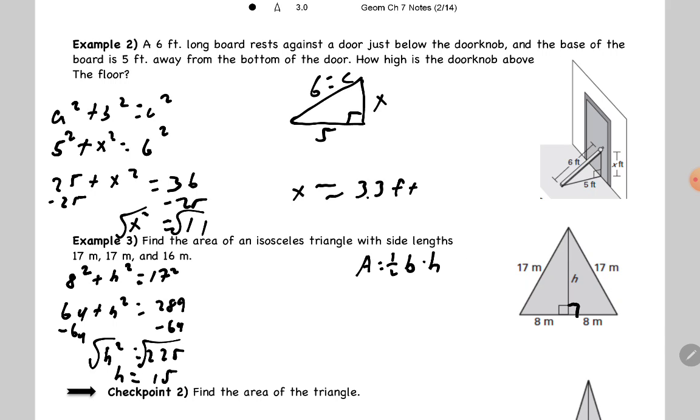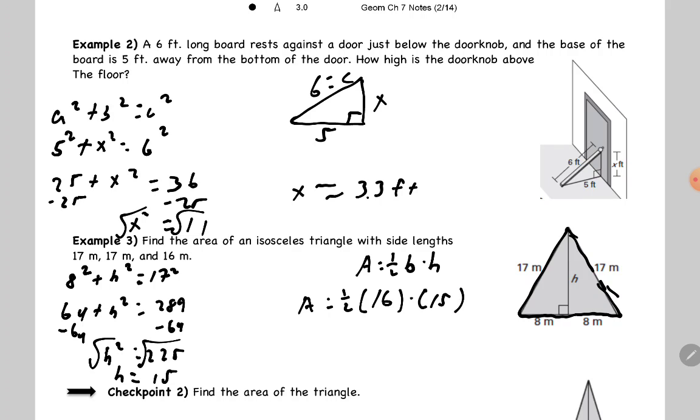So now that we know h is 15, we can do the formula. Area equals 1/2 the base, and we're talking about the whole triangle here. So the whole base is 8 plus 8, which is 16. Then times our height, which is 15.